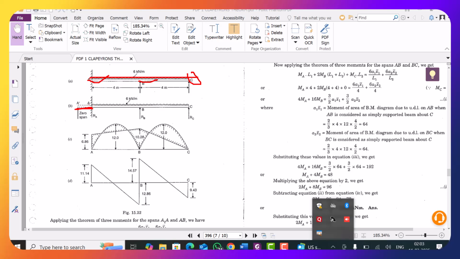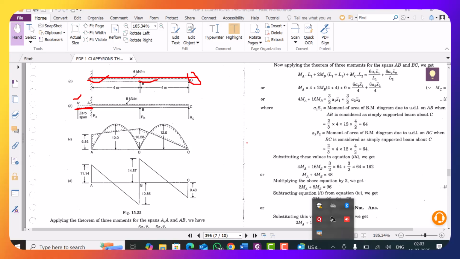With this virtual span A dash, two spans are developed, A dash AB and ABC. With these two spans you can apply the equation of three moment. For three moment there should be a minimum of two spans, then only you can apply Clapeyron's theorem. That's why we have taken this virtual span, so that two equations can be developed and the two unknowns MA and MB can be calculated.